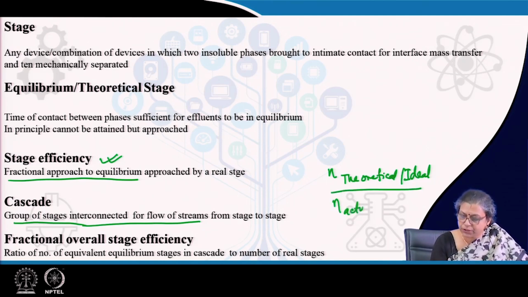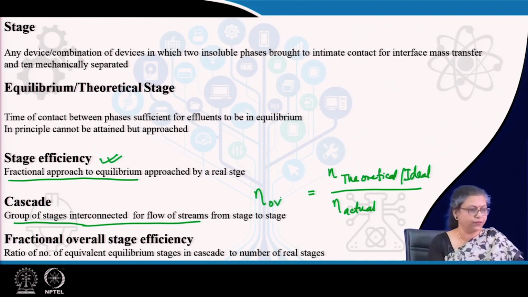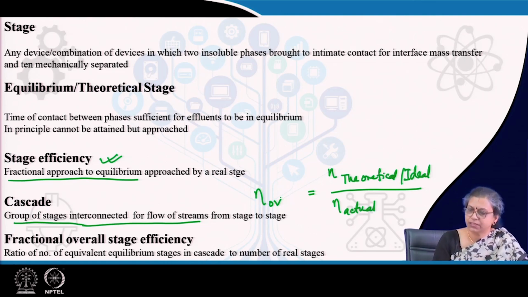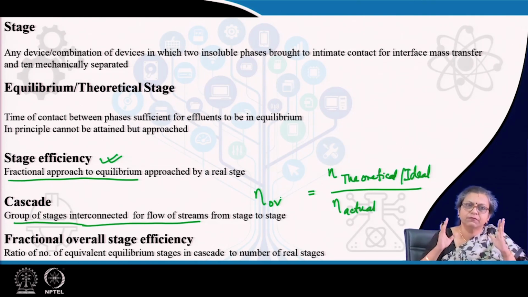So the ratio of n ideal by n actual gives us the overall stage efficiency of the process. Whenever we design processes, the first thing we do is that we are given some particular specifications.